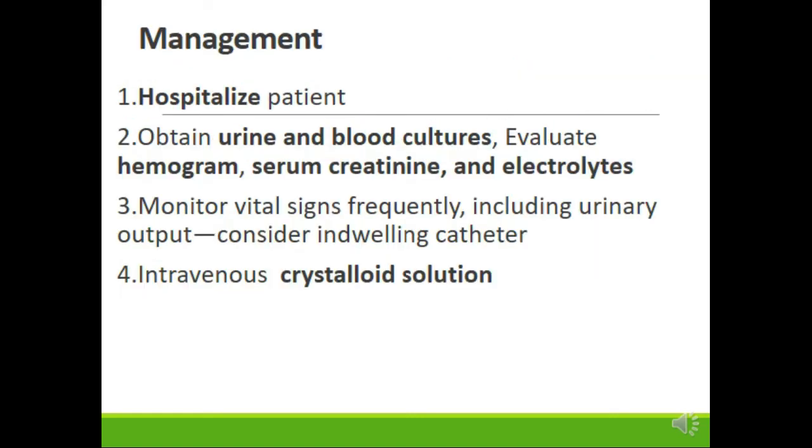Management of acute pyelonephritis. Number 1, hospitalization. Obtain urine and blood culture and evaluate hemogram, serum creatinine, and electrolytes. Also monitor vital signs frequently, as well as urinary output, and consider an indwelling catheter to assess urine output. Give intravenous crystalloid solution.